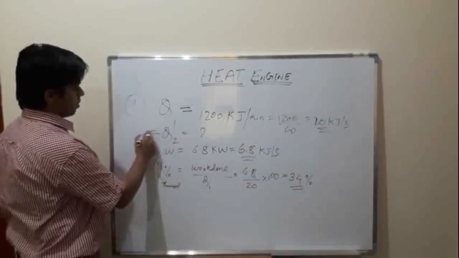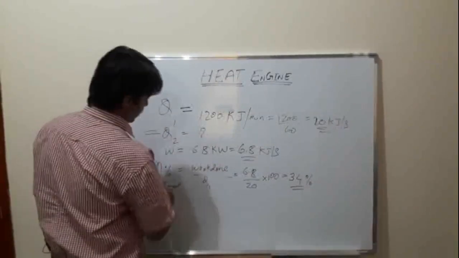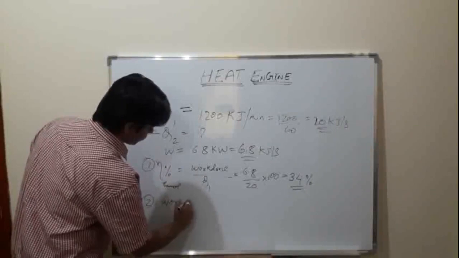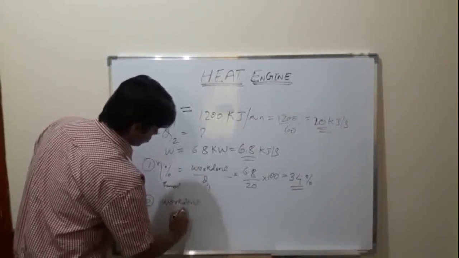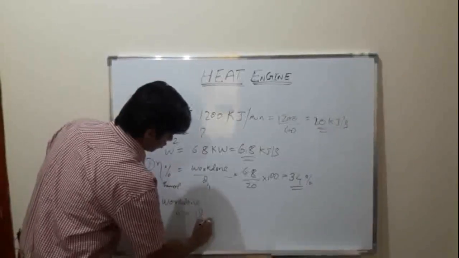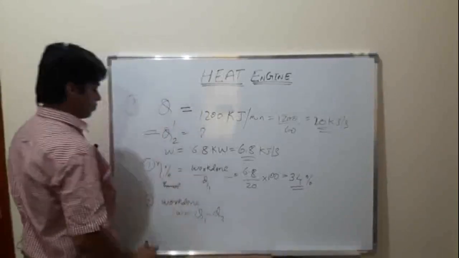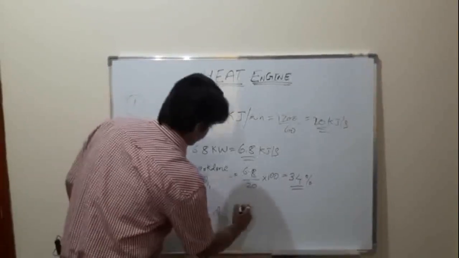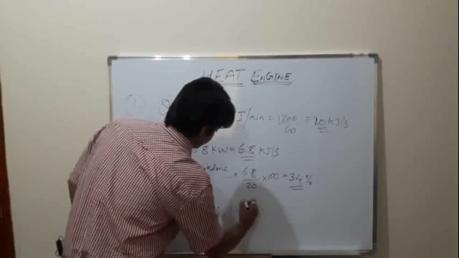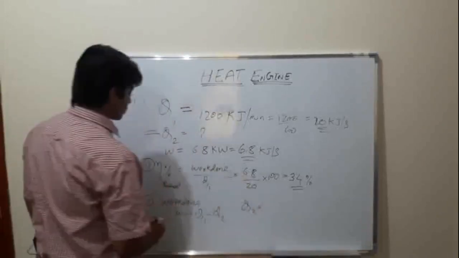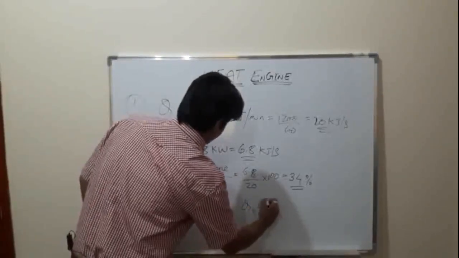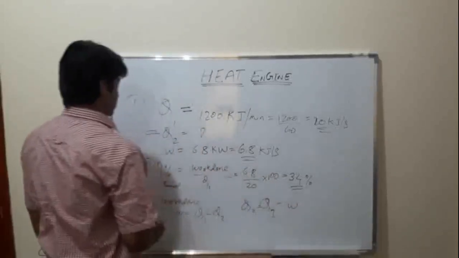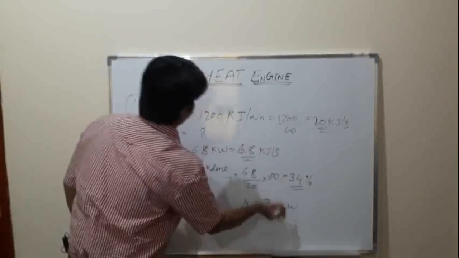Now the second thing is heat rejected. We have the formula for work done, W equals Q1 minus Q2. So you have to find Q2, that is Q2 equals Q1 minus W. What is the value of Q1?